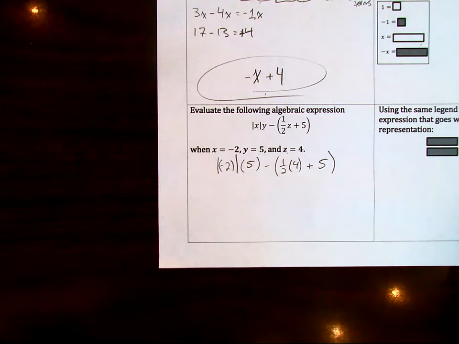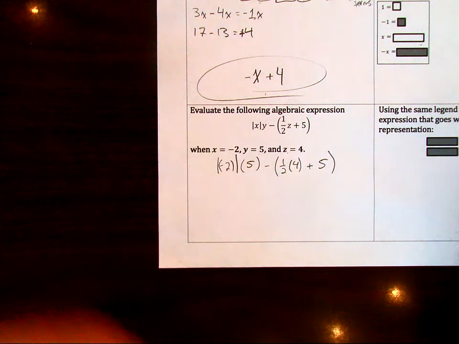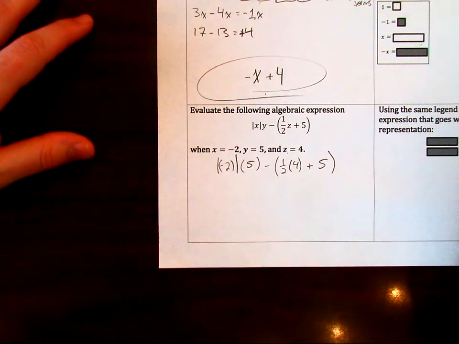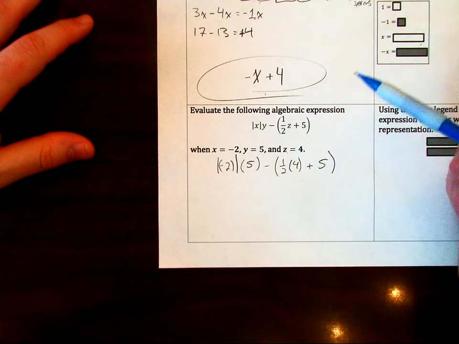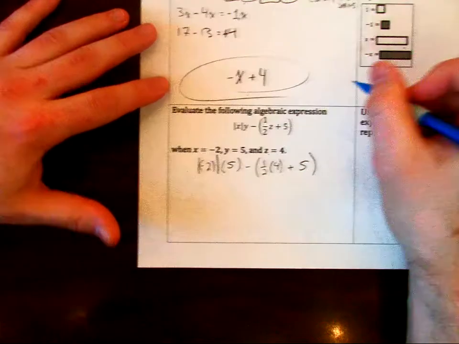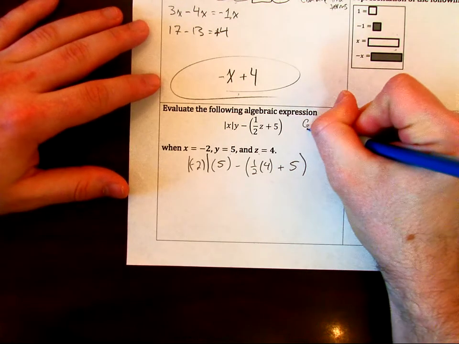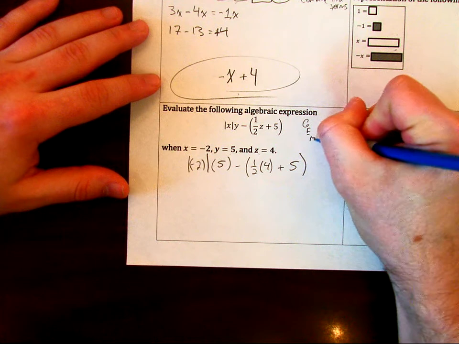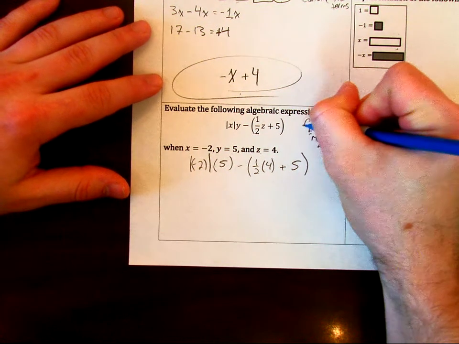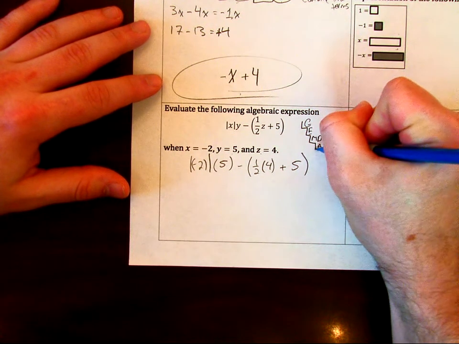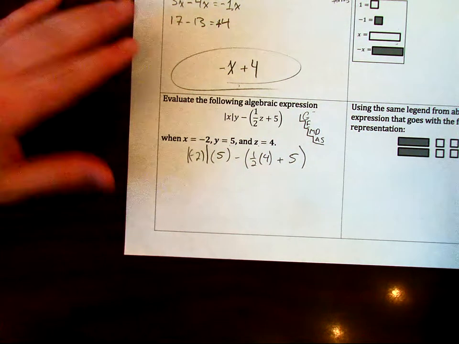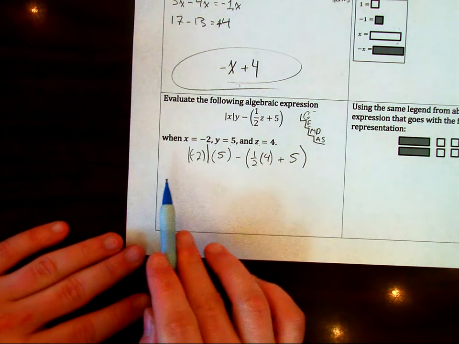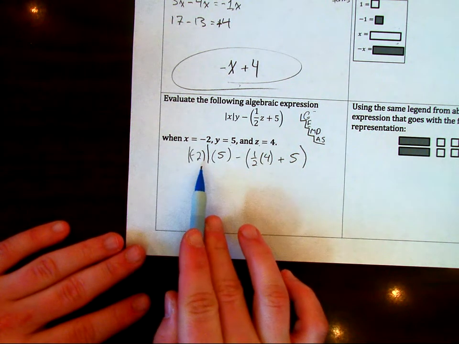Again, you can use the order of operations for yourself, and I'll check using Desmos in just a second. But we want to make sure that we're doing our grouping symbols first. So again, if I need to write that GEMDAS staircase for ourselves, you certainly can. GEMDAS staircase going from the top of the staircase down. So we want to work inside the grouping symbols.